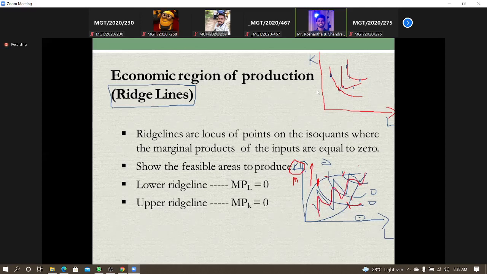Right, Lamai? So don't just identify the concept of economic region to produce as the inside area of the ridge lines.